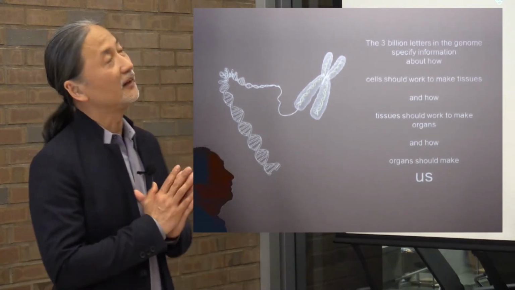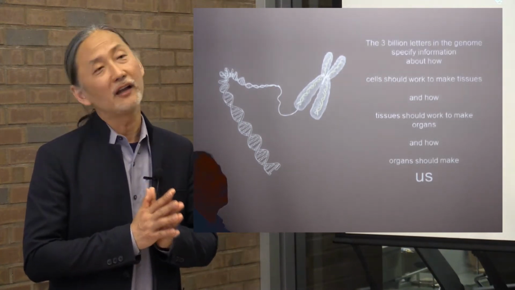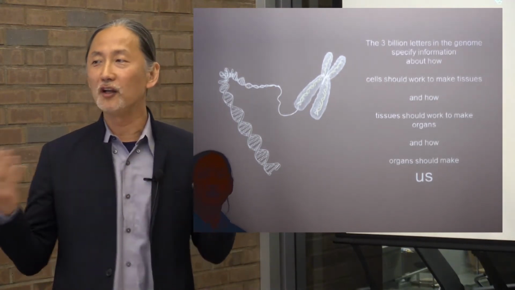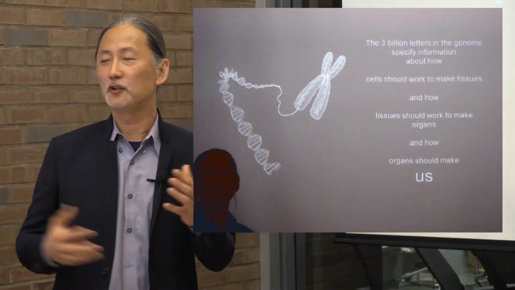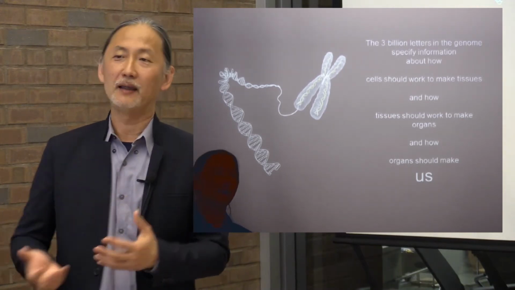So in the old days, and actually it is still the case, what we really want to know is, for all the traits of interest, like my hair color, eye color, or why I might have a propensity to have diabetes or heart disease, what are the genomic factors that govern these kinds of biological processes, right?